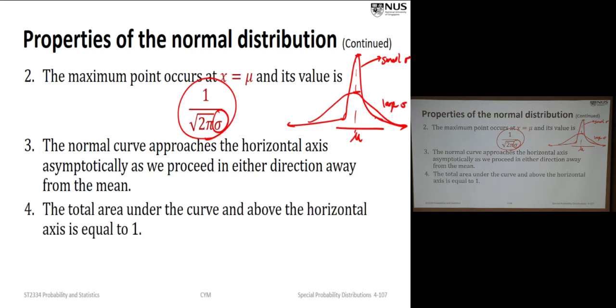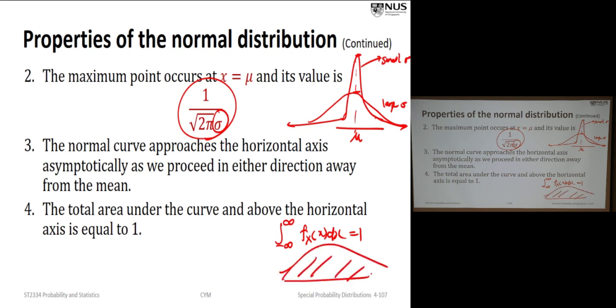Of course, no matter how you expand it, the area under the curve, under the PDF, should equal 1. It is just saying that the integral from minus infinity to infinity of f of x dx is equal to 1. That means the area under the PDF should integrate to 1. This is true for all distributions.